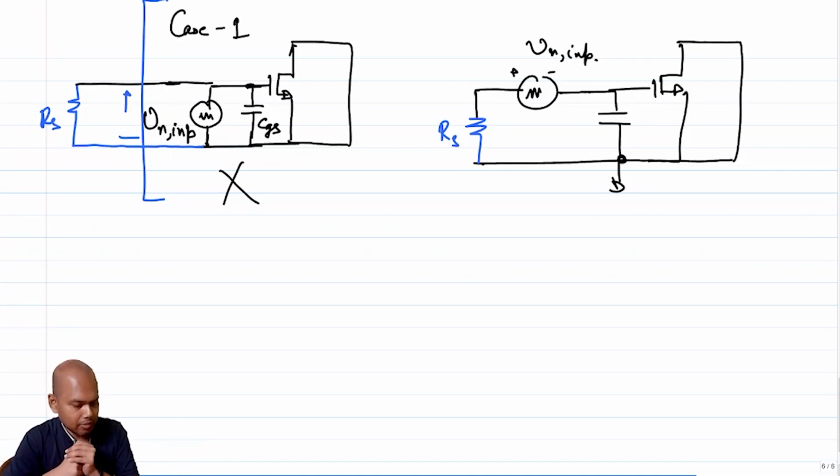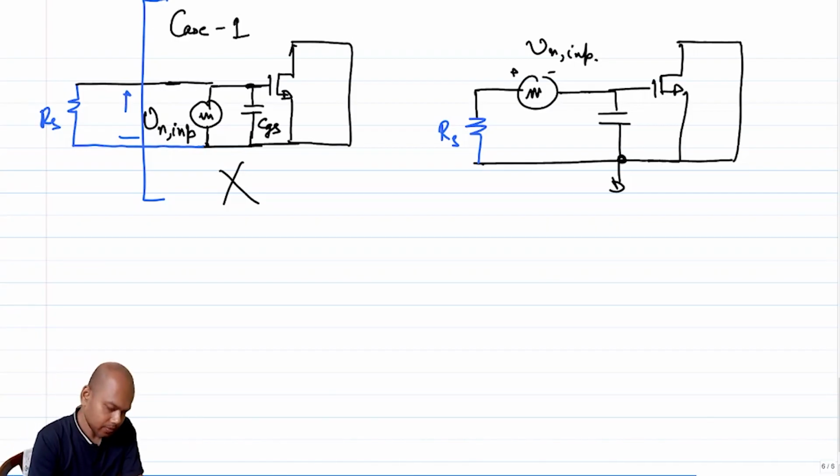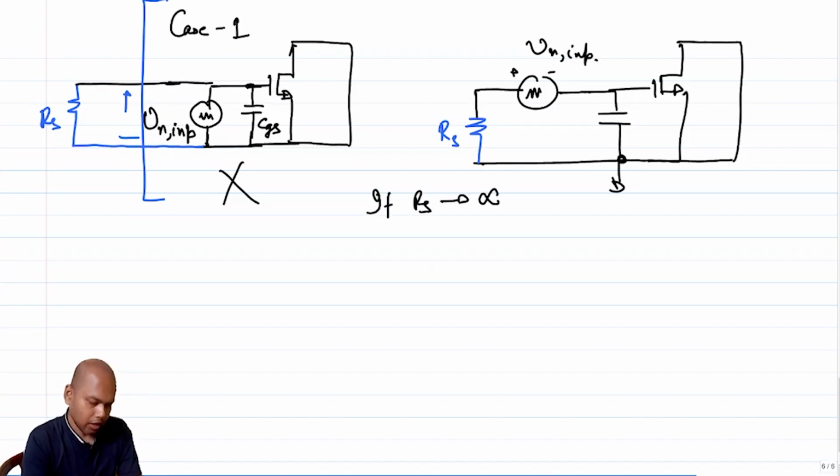But let's consider a case in which your RS is infinite, right? So what happens if RS is infinite? If RS tends to infinity, what happens to the entire equivalent network?